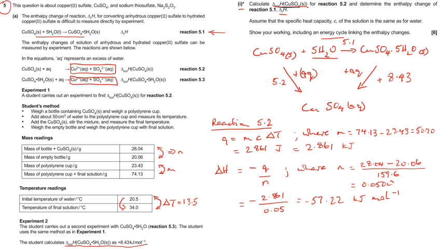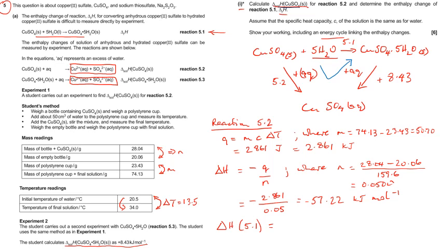And that gets us the answer to reaction 5.2, but we're still asked for the enthalpy change of reaction 5.1. So then we're going to go back to our Hess's law cycle. So let's put delta H 5.1, copper sulfate. Let's draw a little arrow in here, so that we can see that the indirect route that we're taking, the blue arrow, goes with the first arrow, the 5.2 reaction arrow.